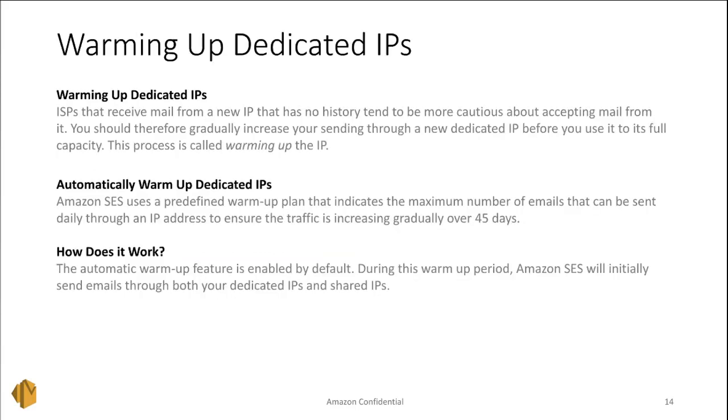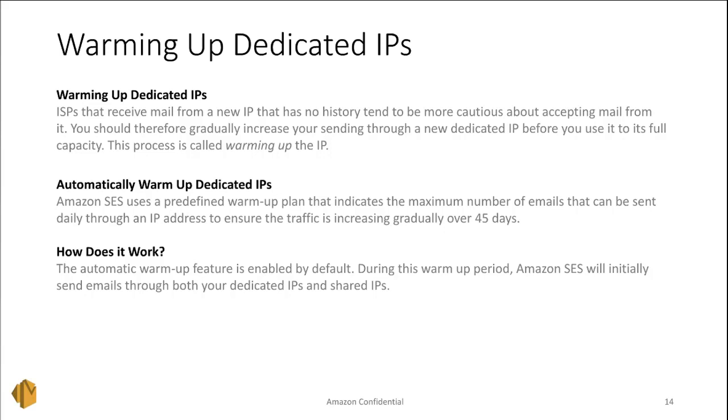I briefly touched upon volume and why it is important. In industry terms, warming up an IP means giving the IP a history. When ISPs receive a high number of emails from a new IP that does not have any history, they tend to be more cautious and look at those emails more carefully, and that might result in many of your emails getting dropped or placed in the junk folder.